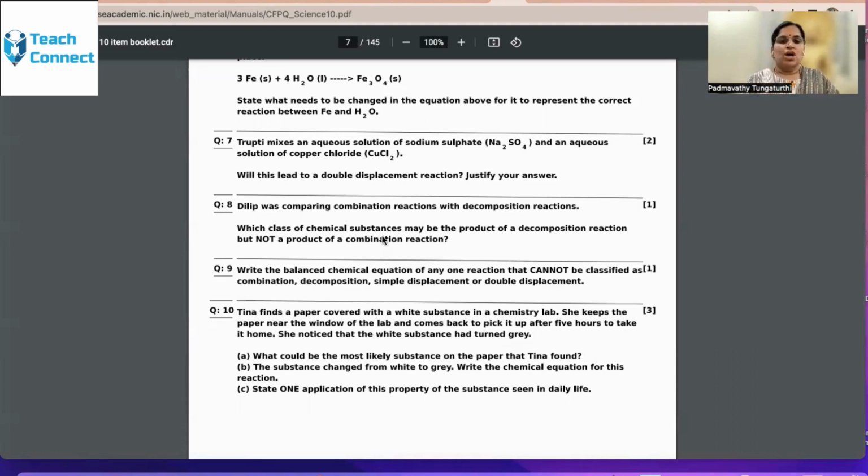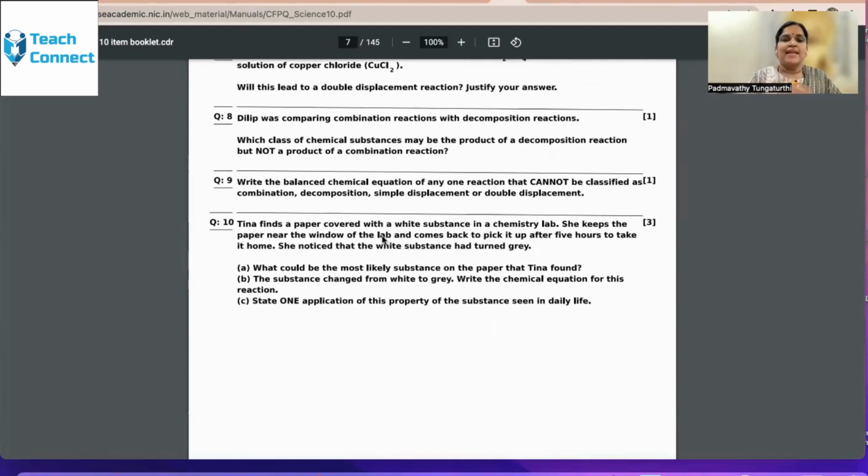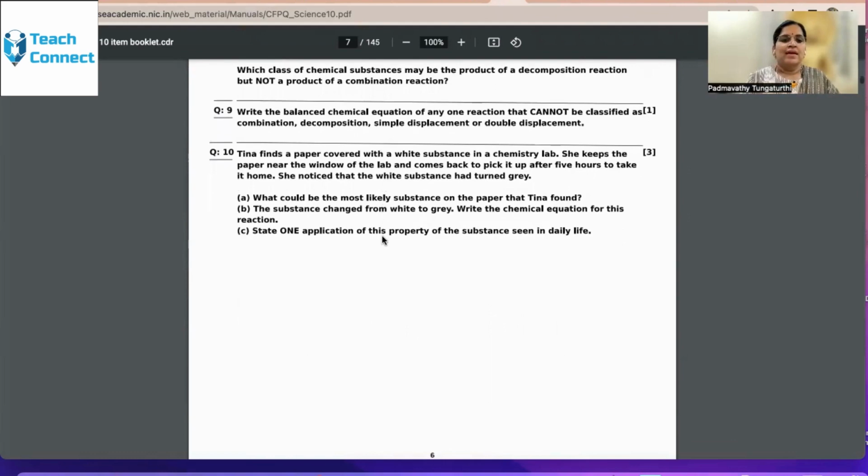Then this is a combination reaction, why a substance is formed and why a substance is not formed. Writing a balanced equation. Then question number 10, application of this. A silver metal is exposed to air and silver oxide is formed.